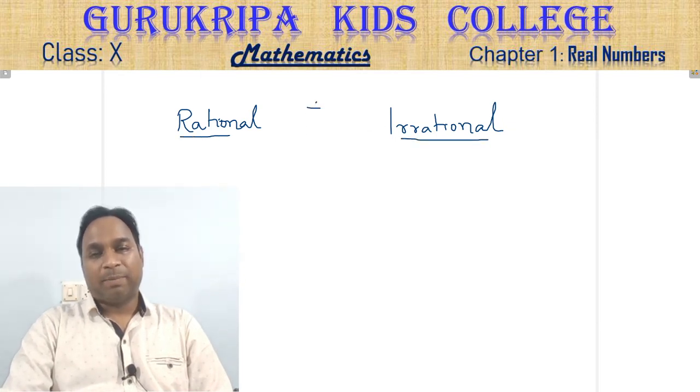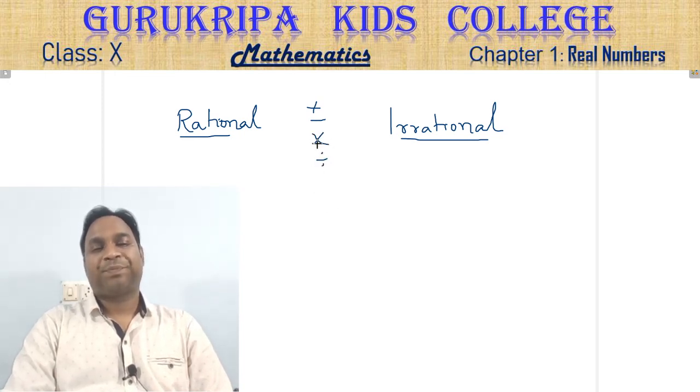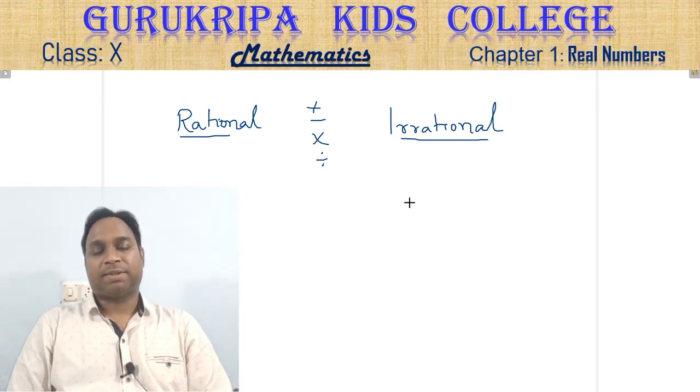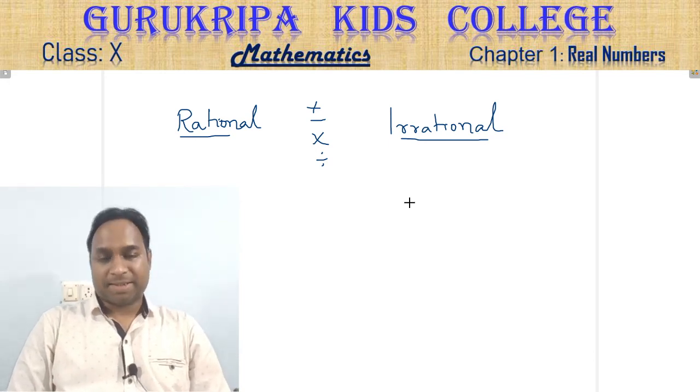Now take the sum of these two, difference of these two, product of these two, or division of these two. Do any of these operations, the result has to be irrational.